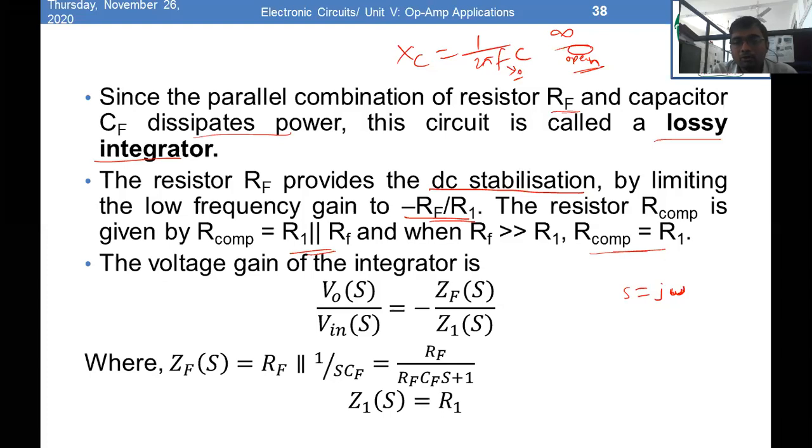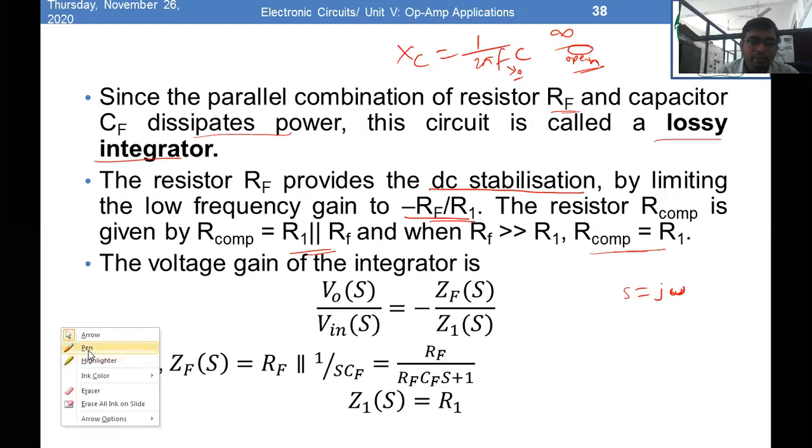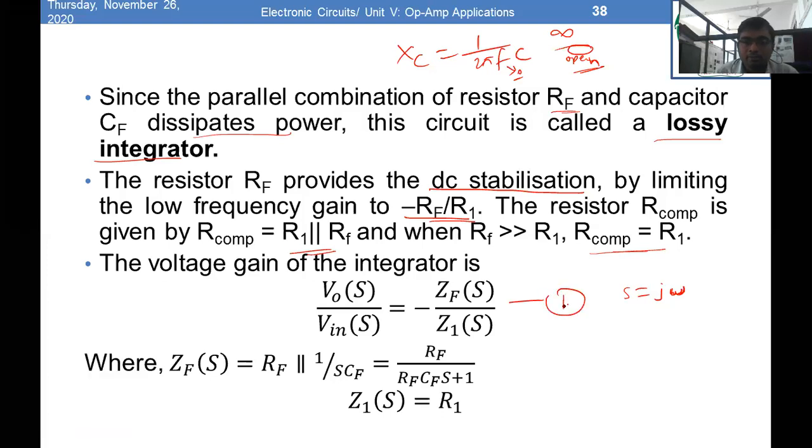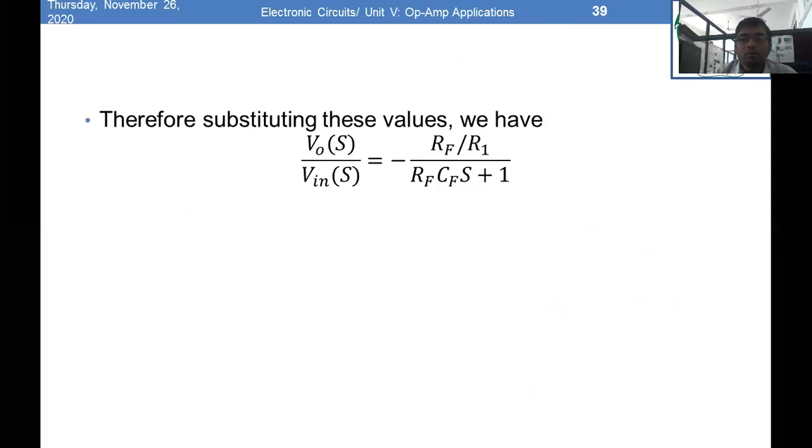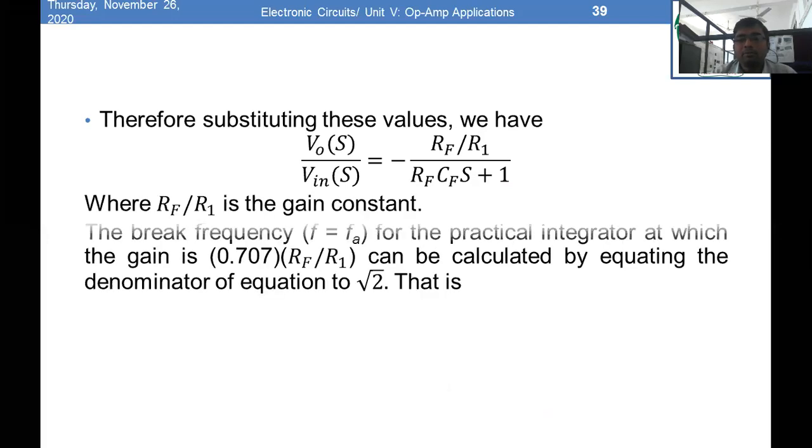For ease you can give equation numbers, which will be helpful for you. Substitute equations 2 and 3 into equation 1. You would get V naught upon V in equal to minus RF upon R1 times RF CF S plus 1. Here RF upon R1 is the gain constant.